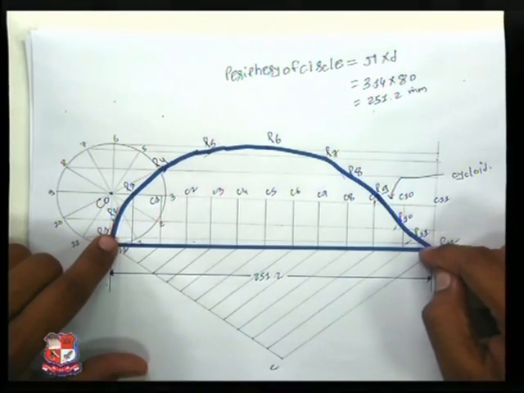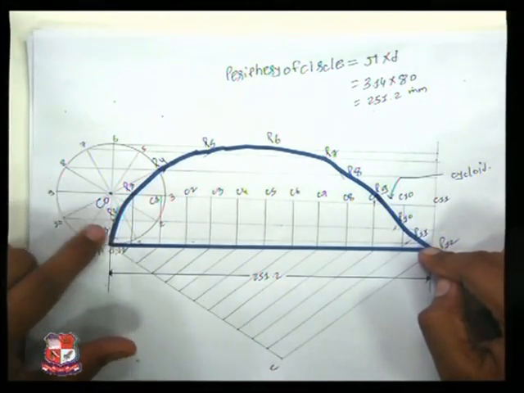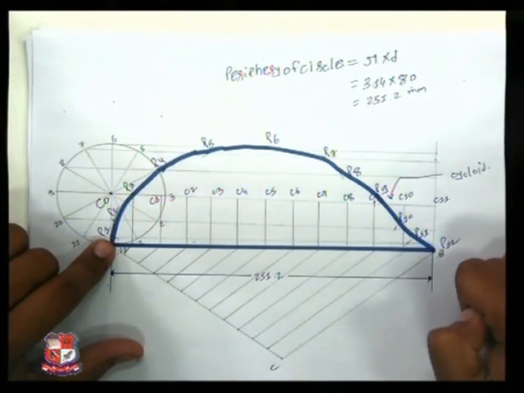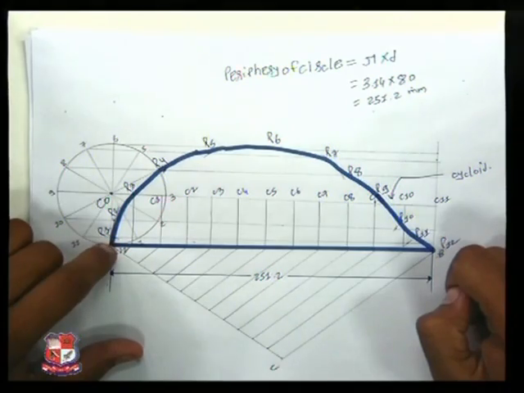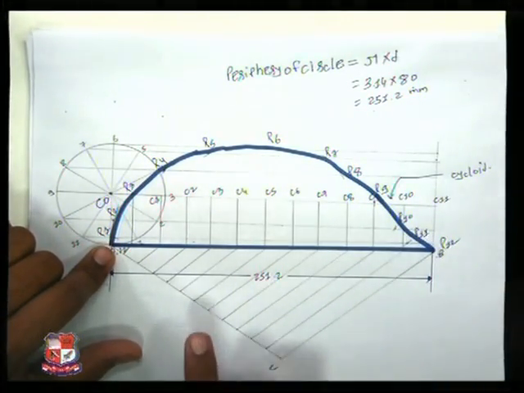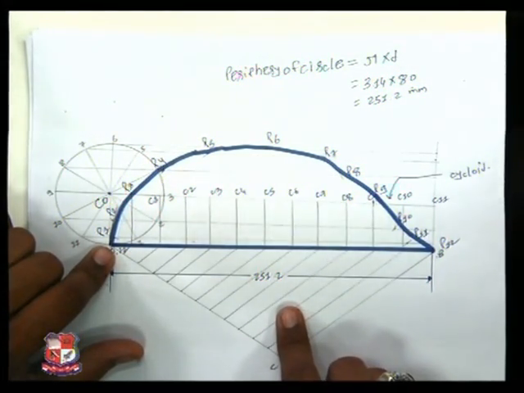Now we have drawn a 251.2 line exactly tangent to point number 0. After that we need to divide that 251.2 mm line into 12 equal parts. We have used the line division method.